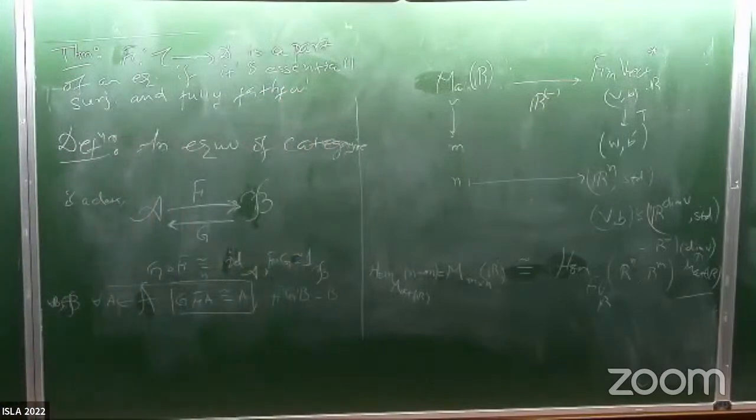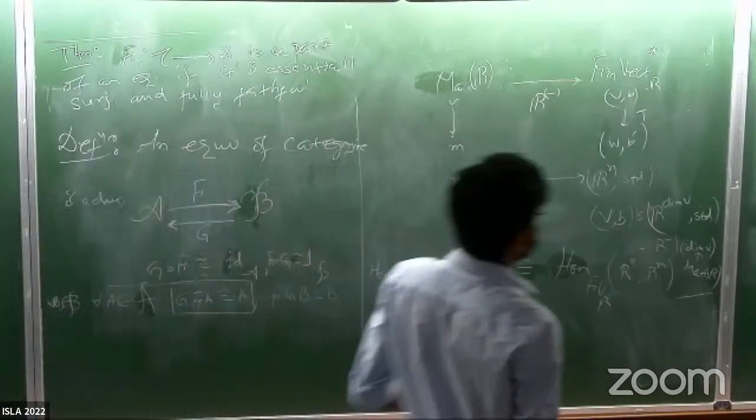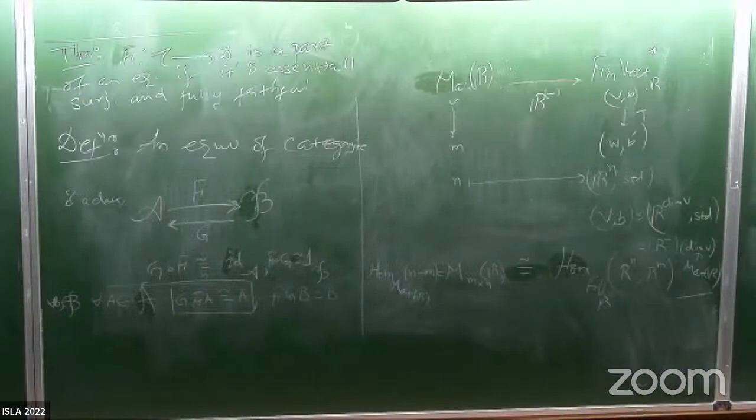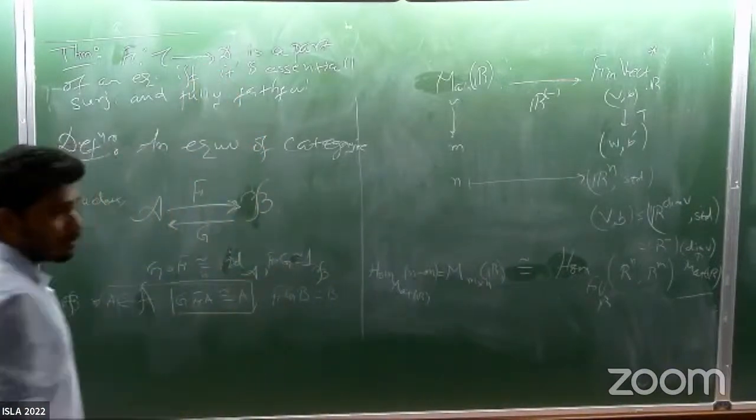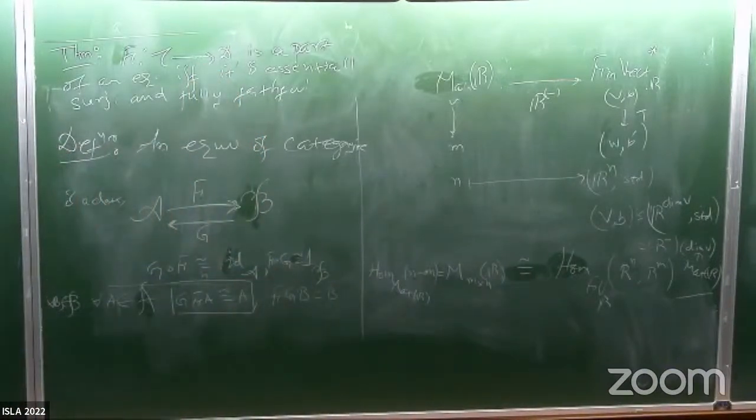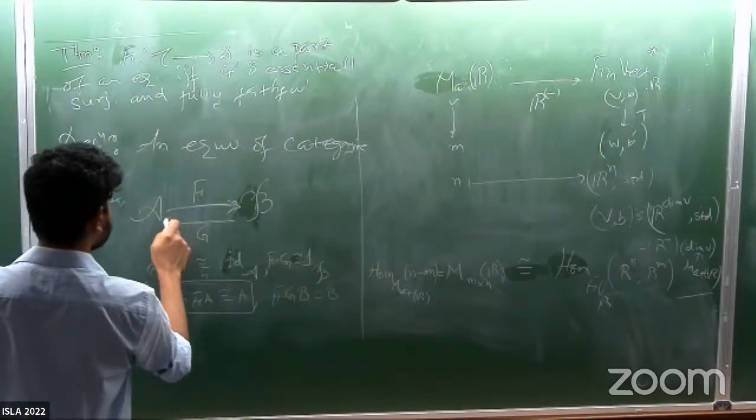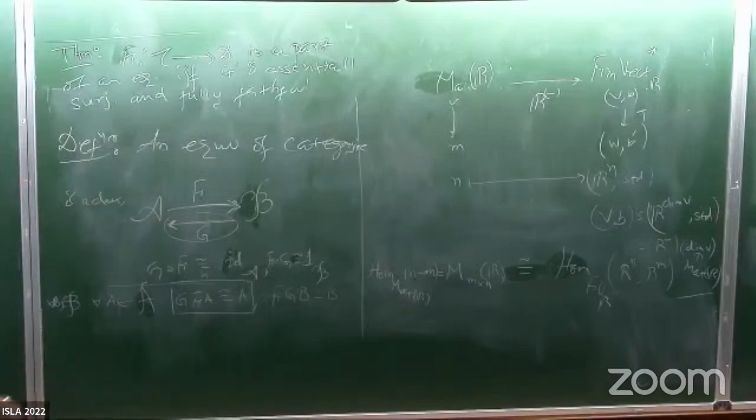Okay, so of course one side I already proved, and another side. What do you mean by part of an equivalence? So there is this data now. G is also a part of the data, the inverse side functor. Okay.